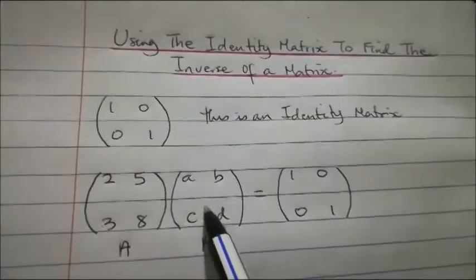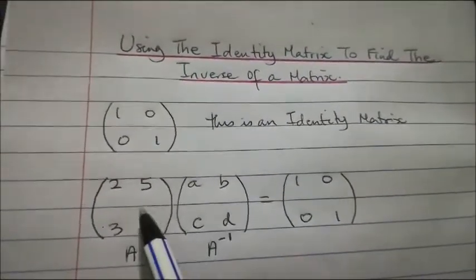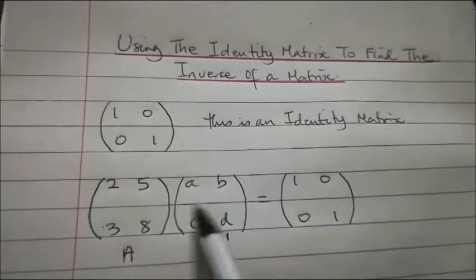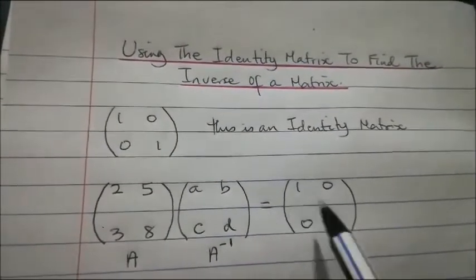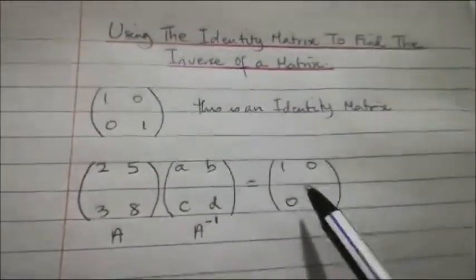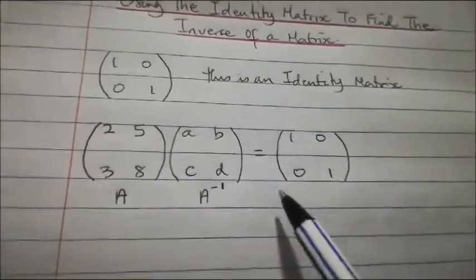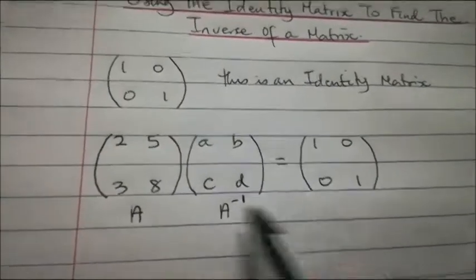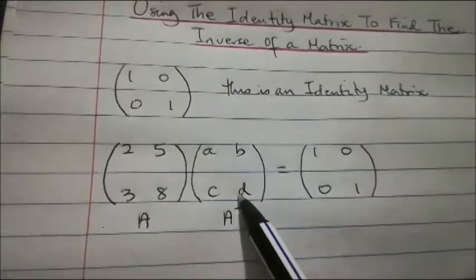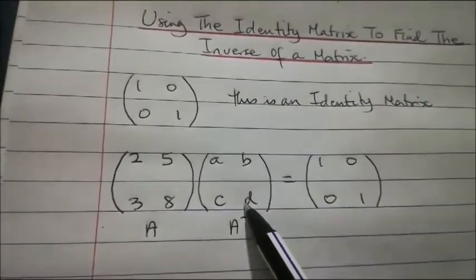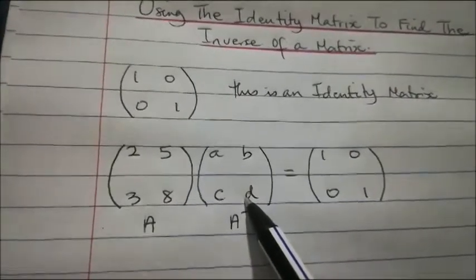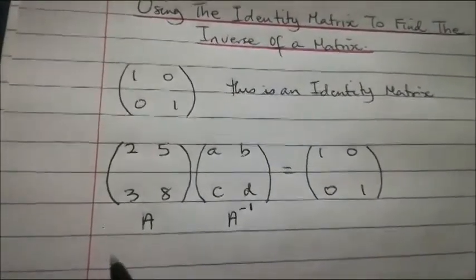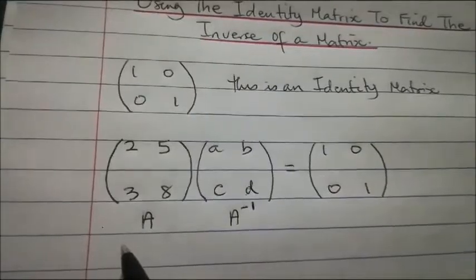If this turns out to be the inverse of this, then when we multiply this out, we should get the identity matrix, right? But before we do that, we'd have to use the process of simultaneous equations to solve for A, B, C, and D, right? So this will be a revision for quite a few students. But for those students who have not yet done this, this is going to be brand new to you.